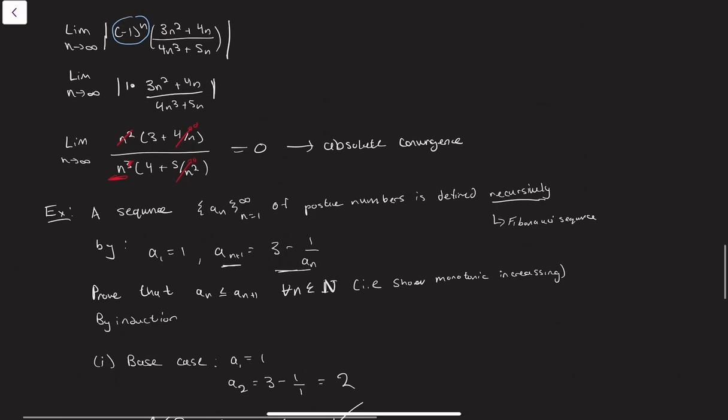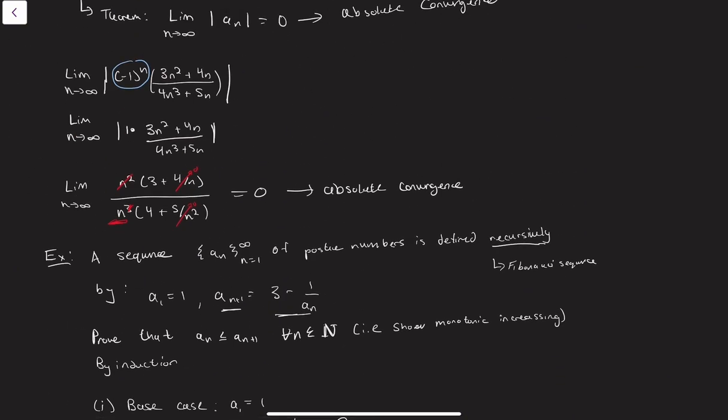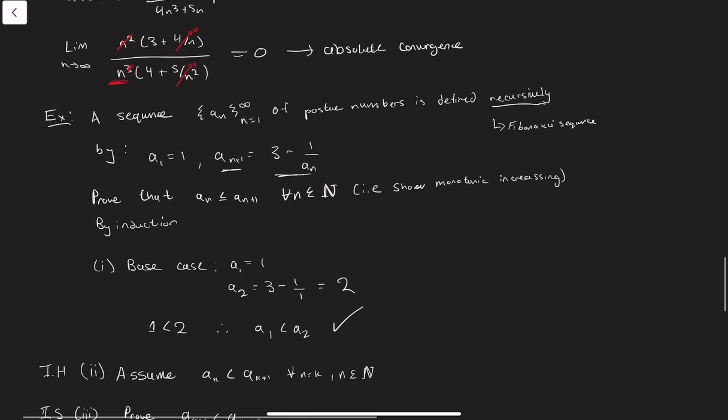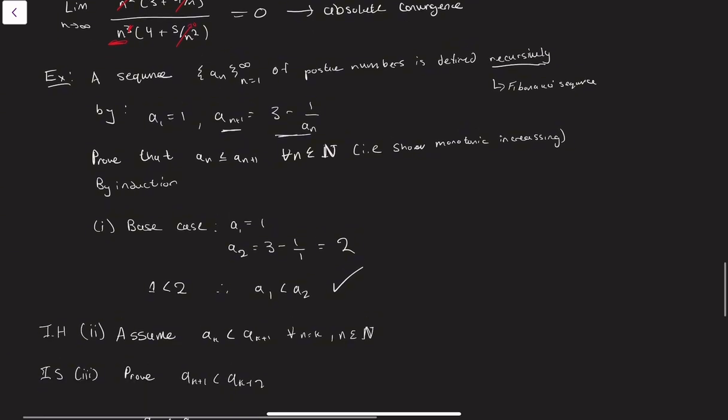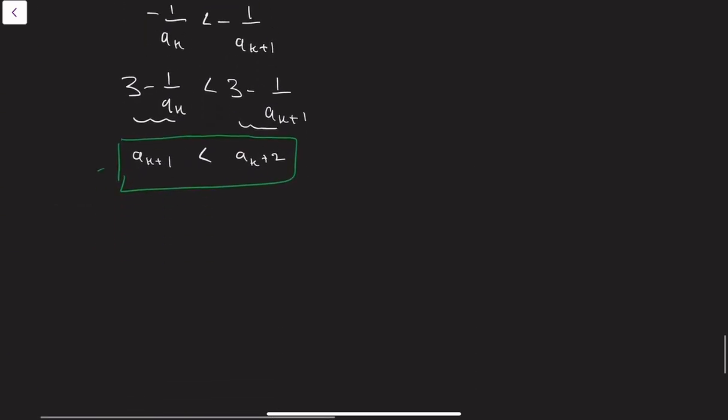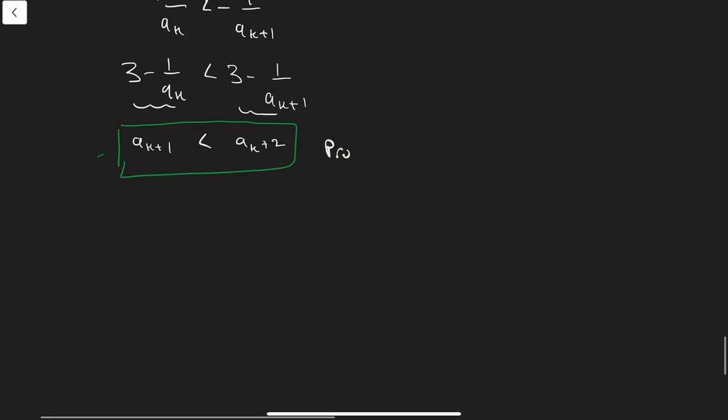So we just set everything to be similar to this form, and we could say that that's equivalent to the next value of our sequence. So proved, the sequence is monotonically increasing by induction.